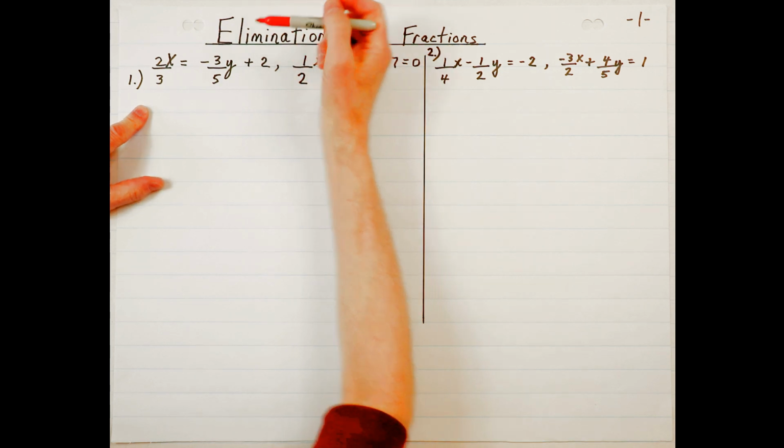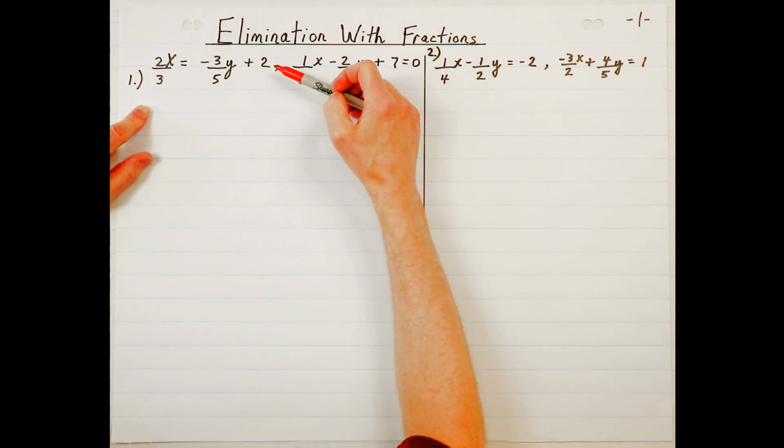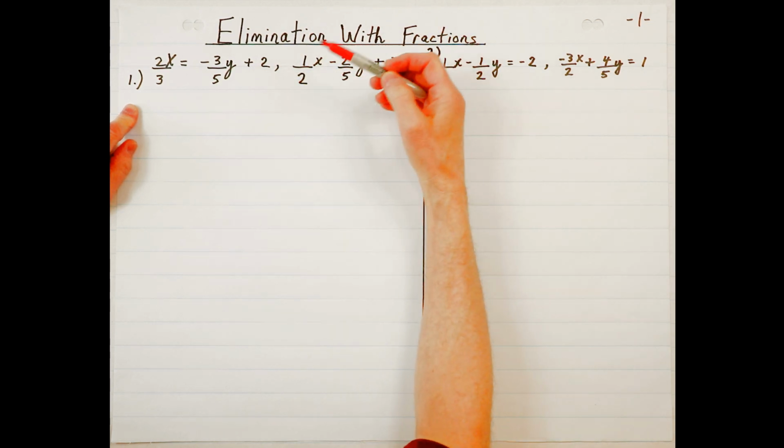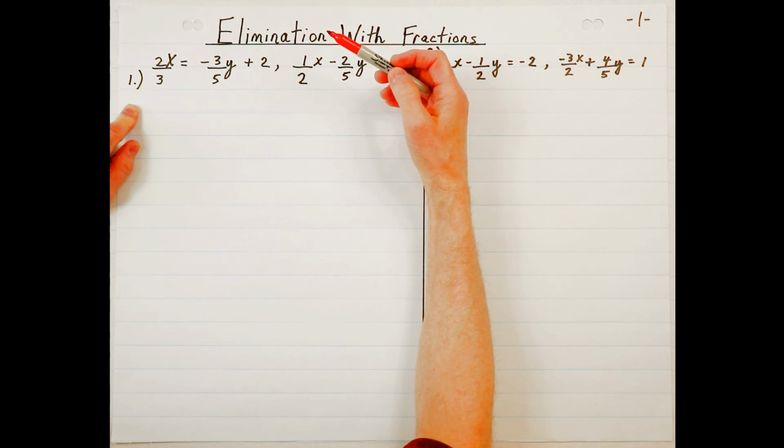Okay, so first we find the lowest common denominator. Then try to remember with me. Second step, multiply the lowest common denominator by every part of the equation. And the third step is to divide to eliminate the fractions.